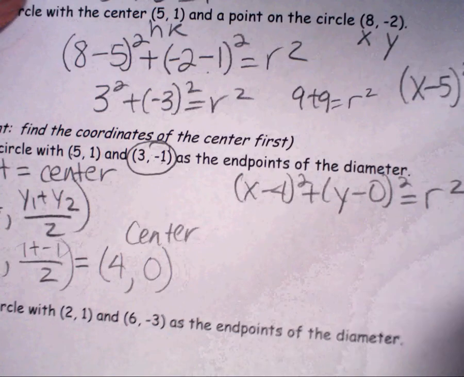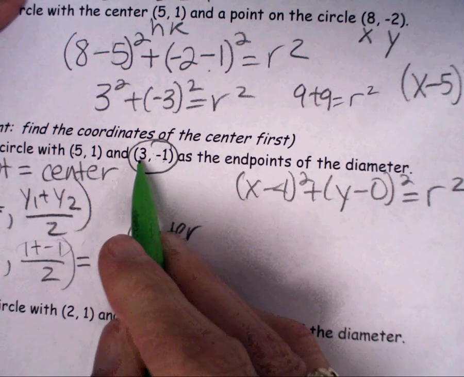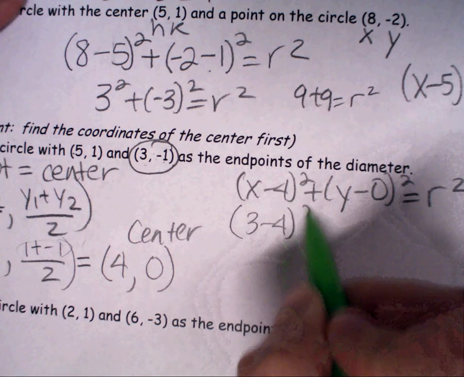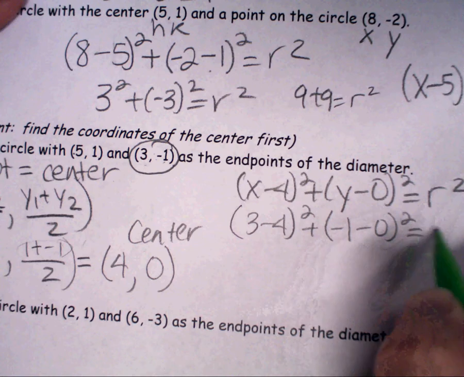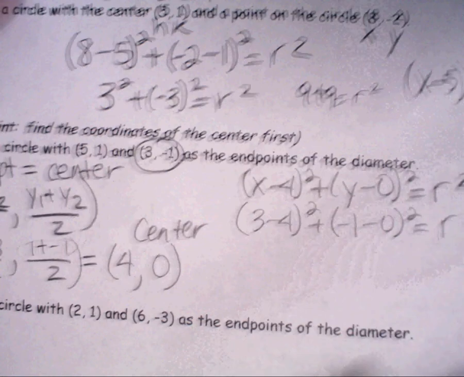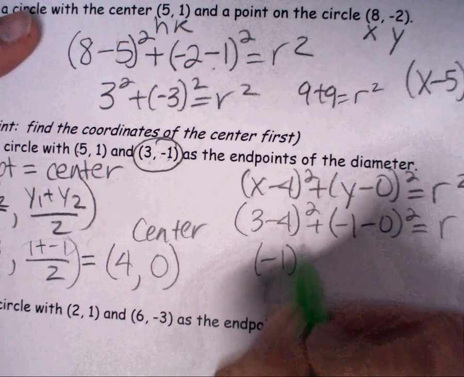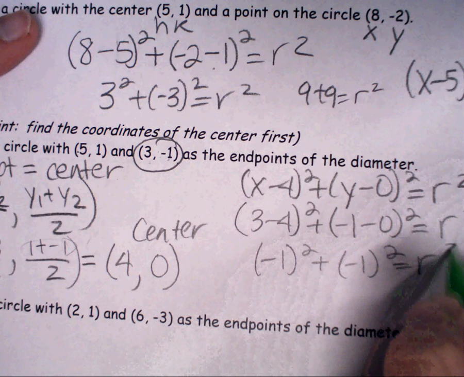So what I could do is plug in my xy right here. So 3 minus 4 squared plus negative 1 minus 0 squared equals r squared. And then we get negative 1 squared plus negative 1 squared equals r squared.